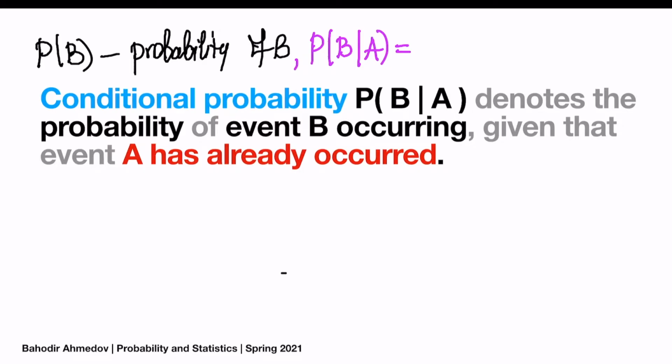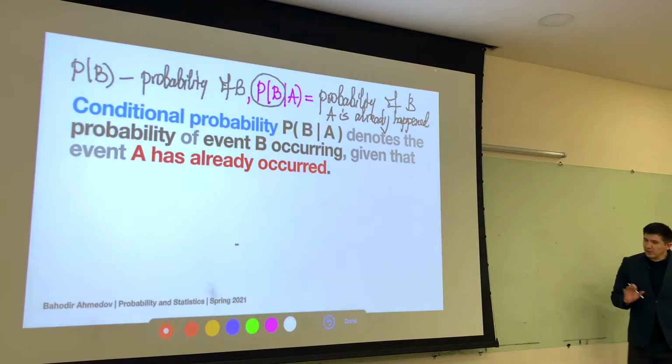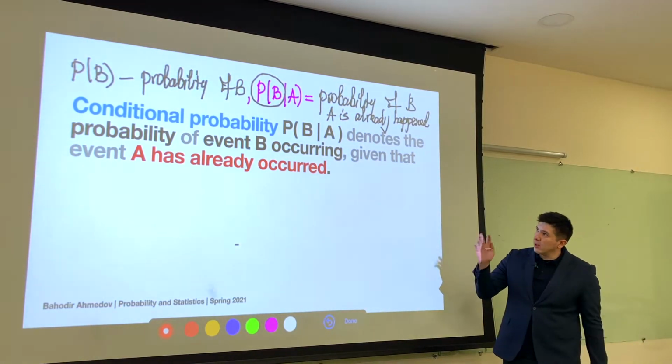You're still evaluating the probability of B, but with additional information that A has already happened. This is notation which you need to know.